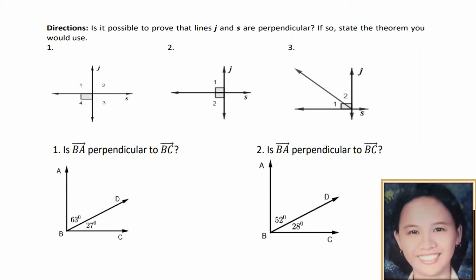Therefore, ray BA is perpendicular to ray BC. Number 2, is ray BA perpendicular to ray BC? If we add 52 and 28, that gives us 80 degrees. Therefore, ray BA is not perpendicular to ray BC.